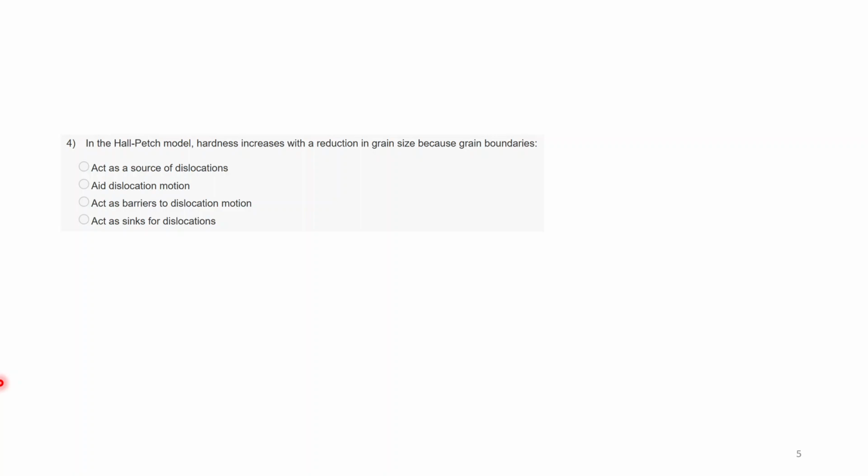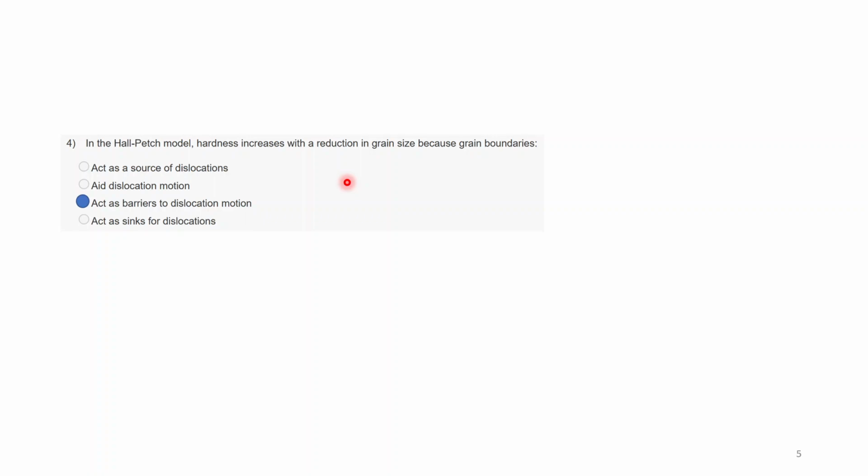Next question is, in the Hall-Petch model, hardness increases with a reduction in grain size because grain boundaries. Your options are act as a source of dislocations, aid dislocation motion, act as barriers to dislocation motion, or act as sinks for dislocations. In the Hall-Petch model, as we keep decreasing grain size, hardness increases.